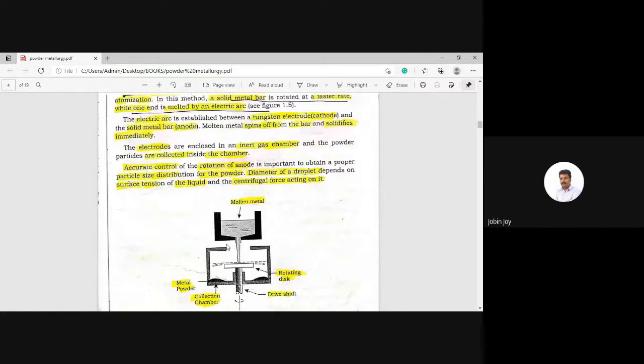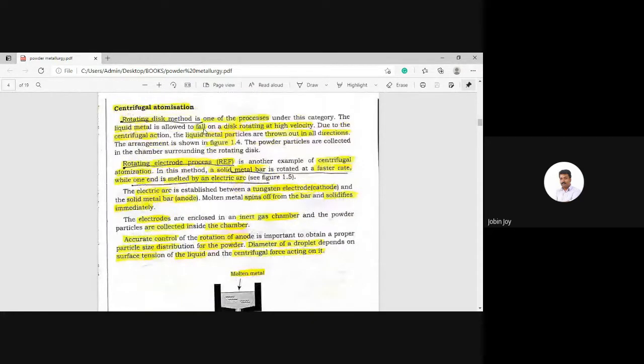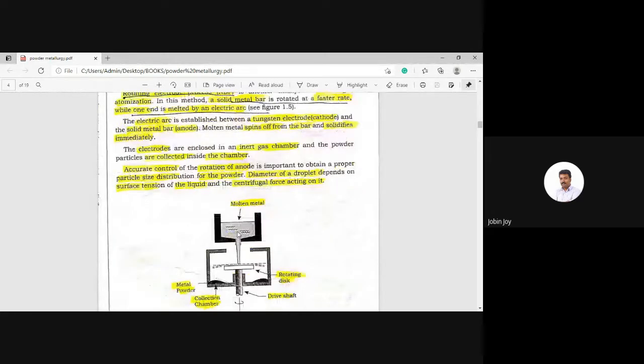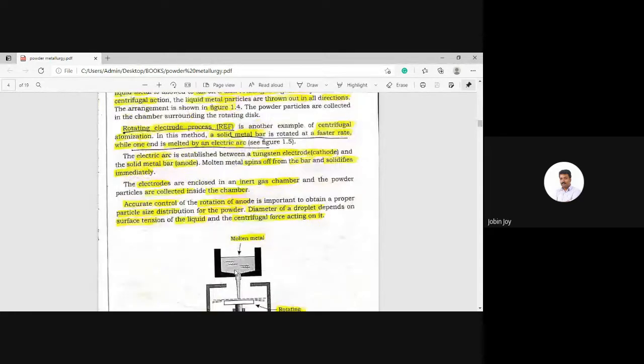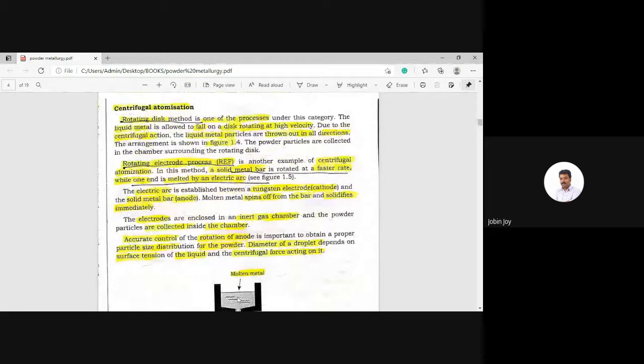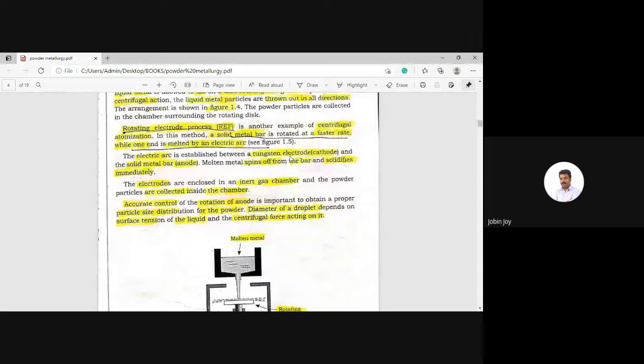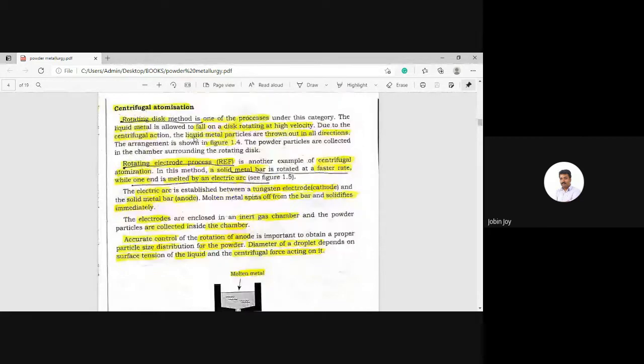In this process, the liquid metal is allowed to fall on a disk rotating at a high velocity. So here, this is the molten metal. It will fall on the disk, and this disk is rotating with a high velocity. Because of the centrifugal action, the liquid metal particles are thrown out in all directions.